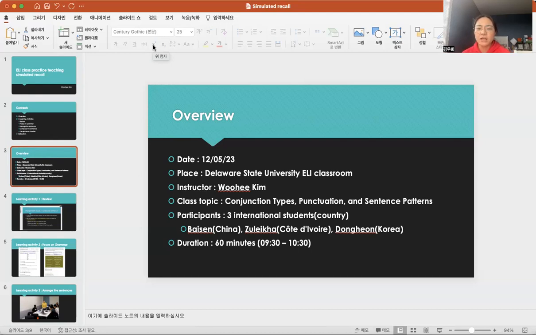Bison was from China, Zuika is from Cote d'Ivoire, which is a West African country, and Donghan is from Korea. Their level was beginning, because each level is a little bit different, but they are all in the beginning level, and it was about an hour, from 9:30 to 10:30 in the morning.